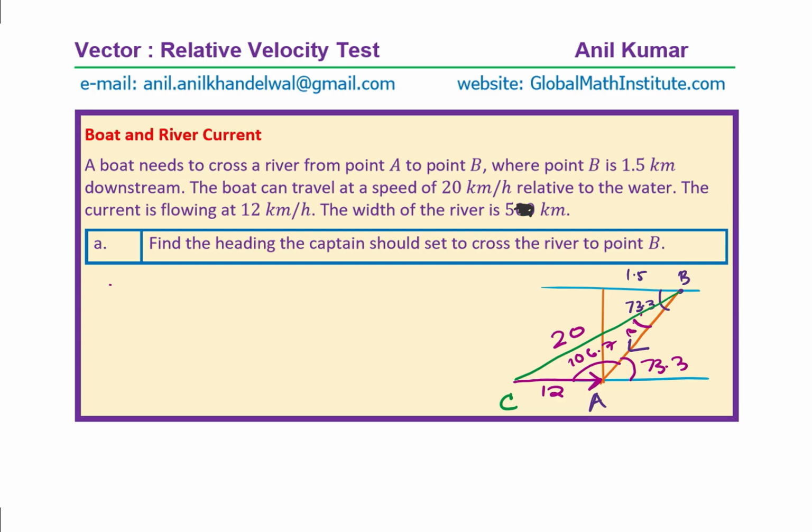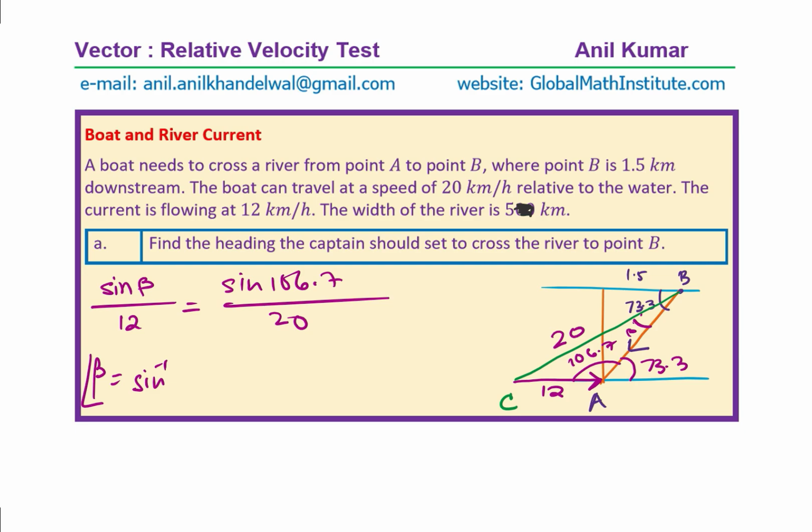Okay, so sine of beta over the side opposite, which is 12, should be equal to sine of 106.7 over 20, and that will give us beta, right? So the angle beta will be sine inverse of 12 divided by 20 times sine of 106.7, correct?